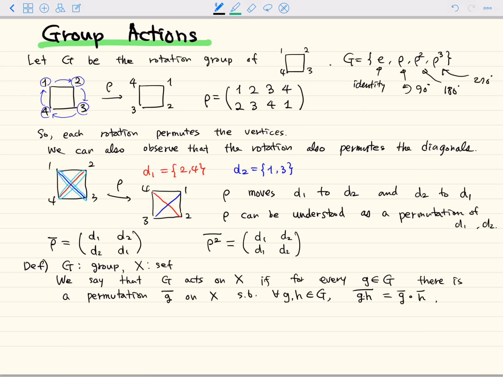So this definition may look very abstract and hard to understand, but it really represents the previous example.